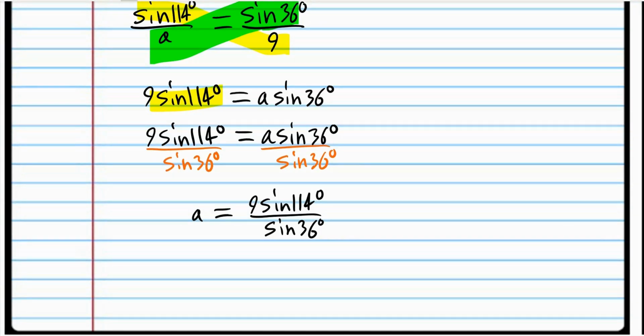Let's use our calculators. 9 times sine 114 degrees, enter, and then divided by sine 36 degrees, enter. So we get 13.9879.